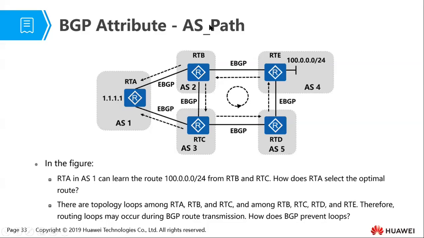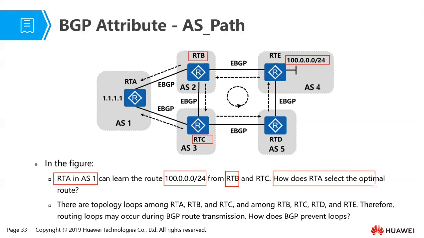Okay, so let's look at this question here. So in the figure, RTA is in AS1 and can learn the route on RTE, the 100.0.0, from either RTB or from RTC.